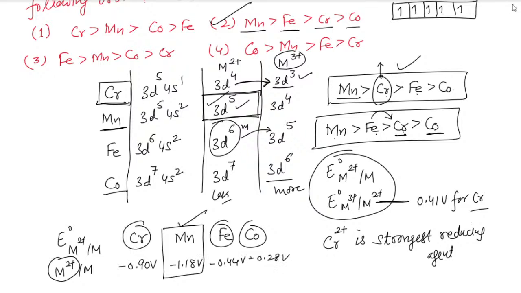That's why chromium is after iron. So the order is manganese 2+ most stable, then iron 2+, then chromium 2+ and then cobalt 2+. Okay. Got it, Swasti?